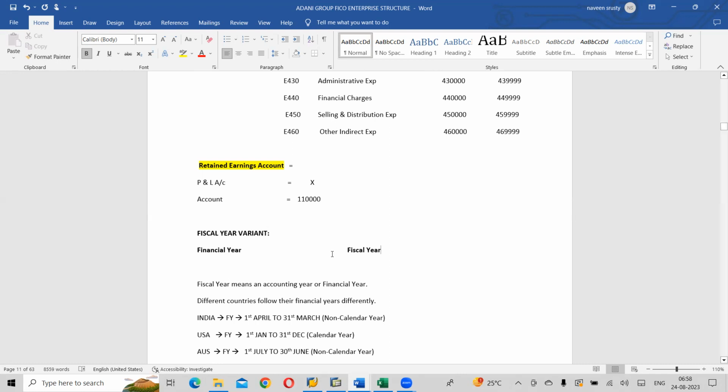Financial year is business terminology, and fiscal year is an SAP terminology.